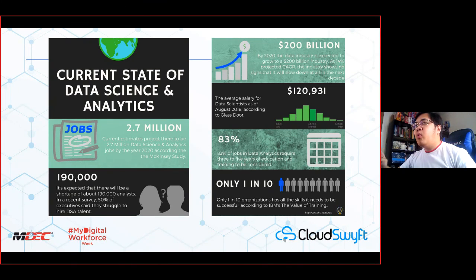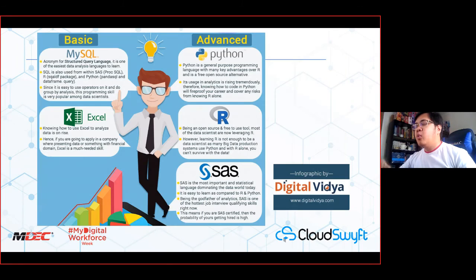And only 1 in 10 organizations have all the IT skills needed to be successful in data science and analytics. So what are these skills? You might have heard of Python, R, and SAS.